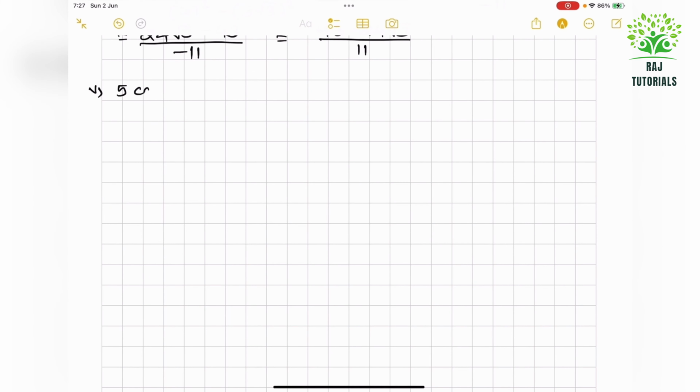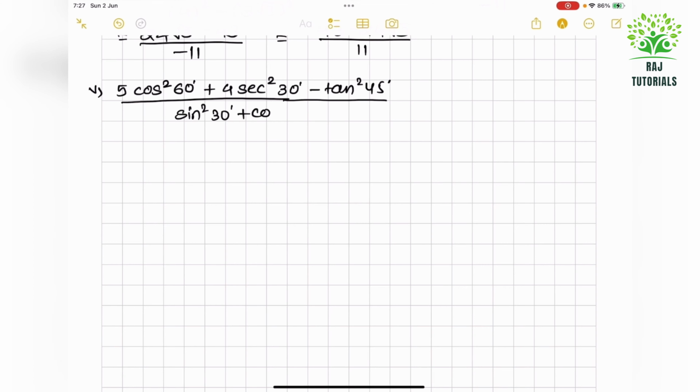Then fifth one in that says 5 cos square 60 plus 4 sec square 30 minus tan square 45 degree whole upon sin square 30 plus cos square 30.